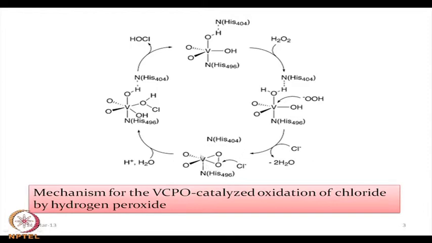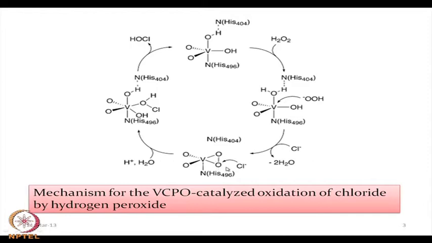So, in the next step, once the vanadium peroxo linkage is formed, the chloride anion from the water source, from the sea water also, where we can have large amounts of sodium chloride, potassium chloride, magnesium chloride, reacts on this O-O peroxide linkage on vanadium.